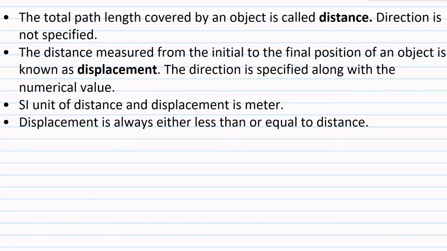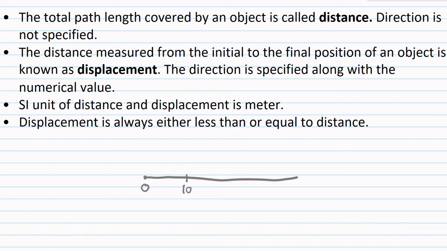It's very important to get the concept of distance and displacement. First, what is distance? The total path length covered by an object is called distance. To understand this, let's take a simple number line. Suppose this point is taken as origin, that means 0 distance.